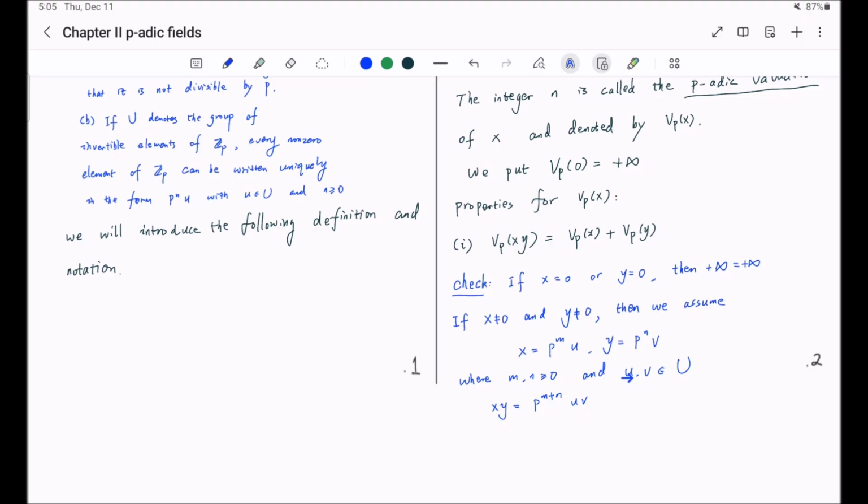Now, because u and v are invertible, so is their product, so uv is again in the units. By the unique factorization from proposition 2, we know that the p-adic valuation of xy is m plus n. And m is the p-adic valuation for x, and n is the p-adic valuation for y from our assumption. And this verifies the first property.